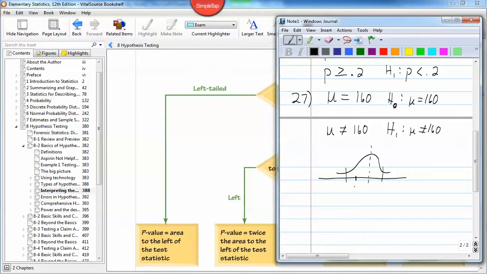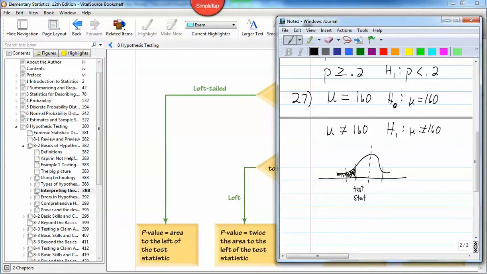If it's on the left, then we take twice the area to the left of the test statistic. If it's on the right, you can still find the area on the right, but remember you have to say 1 minus to find the area on the right, and it's going to be twice that. And that's only if it's two-tailed.